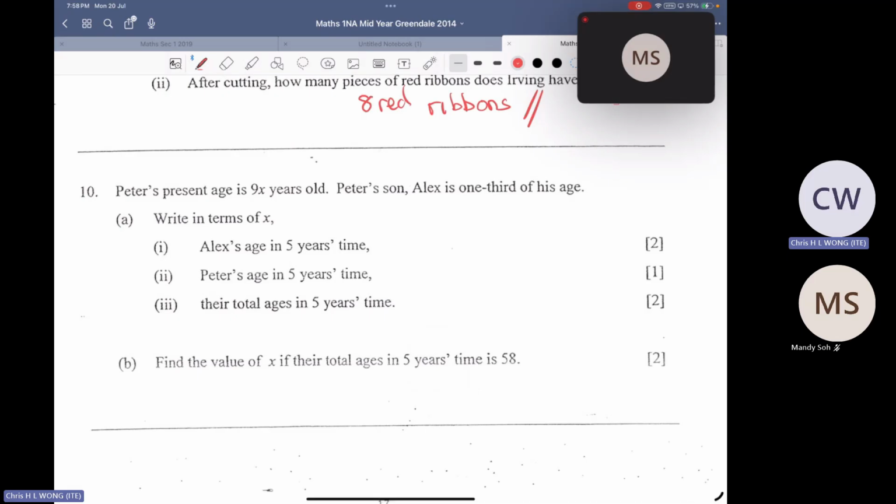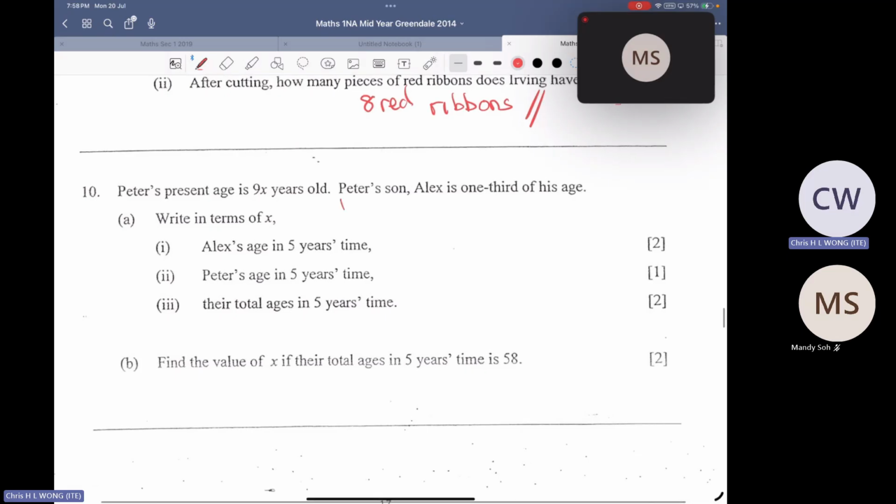Okay. Peter. How old is Peter? Put Peter here first. How old is Peter now? Write down those that you know. 9x. Peter's son, Alex. How old is Alex? 1/3 of his age, right? Which is 1/3 times 9x. Give you 3, cancel. You cancel 3 times 3, 9. 3x, am I right? Okay.